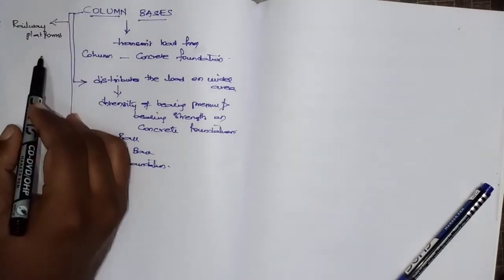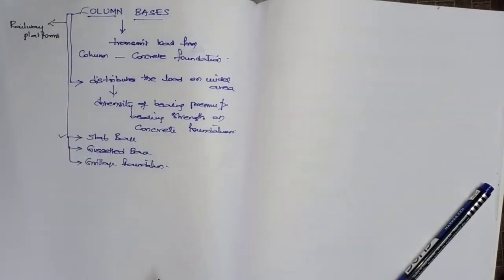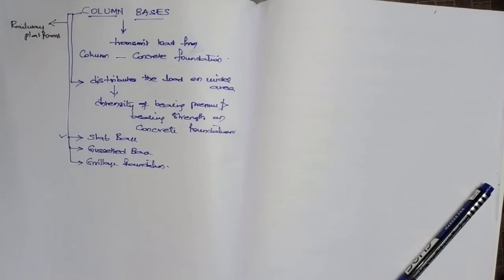There you can see these column bases. And in case of roof trussed function halls, all these places you can see the column bases.